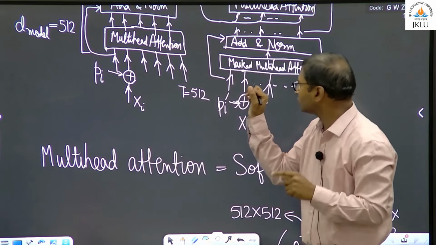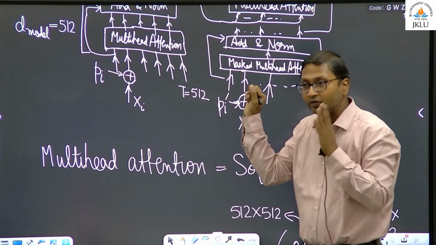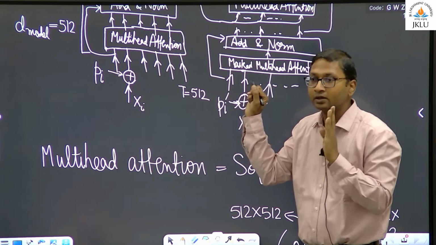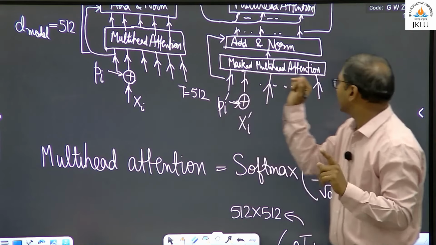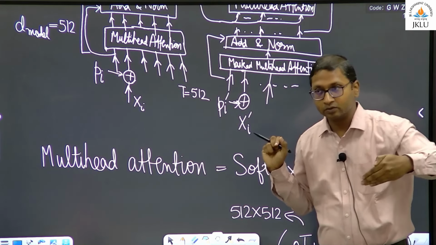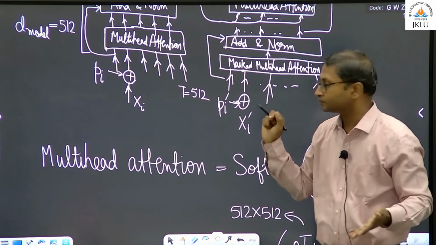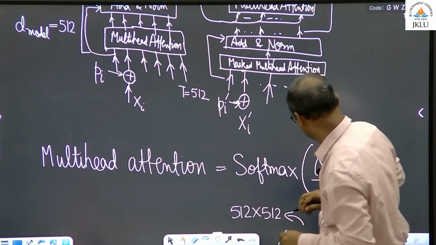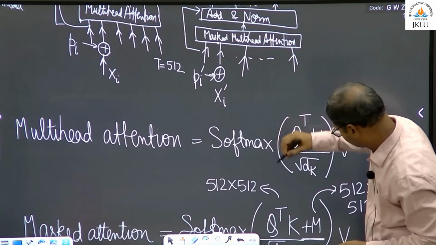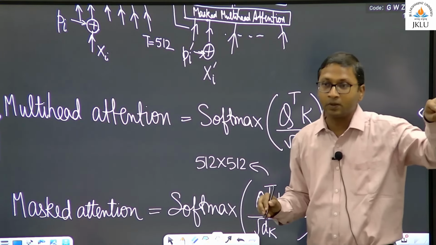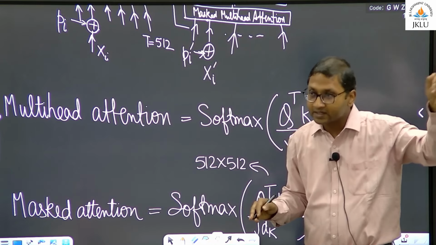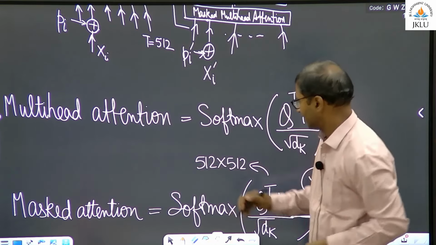You are not allowed to do that because K2 comes from here and we are saying these values must be masked. You don't know anything about them. So when you want to output V1, what should it be? What should M be? M is here. So M should be 0 for the first term, but minus infinity for everyone else.